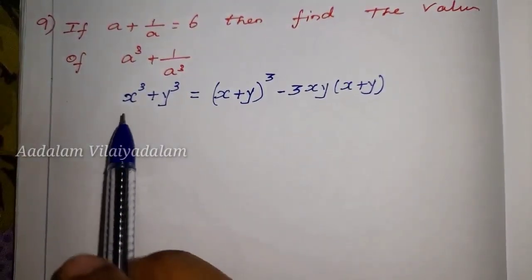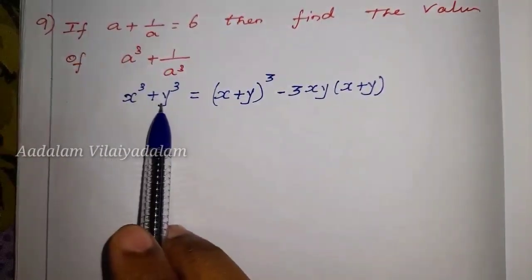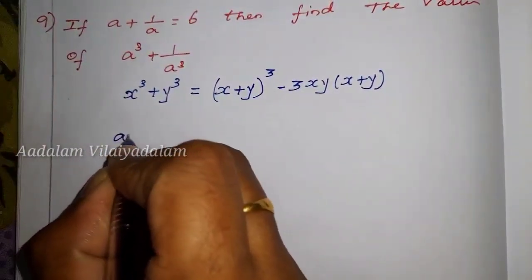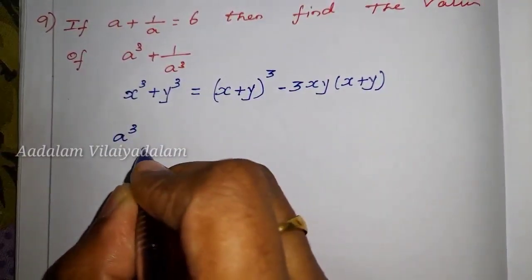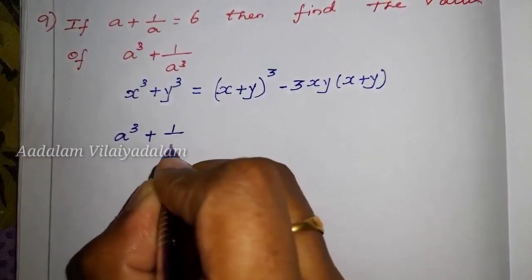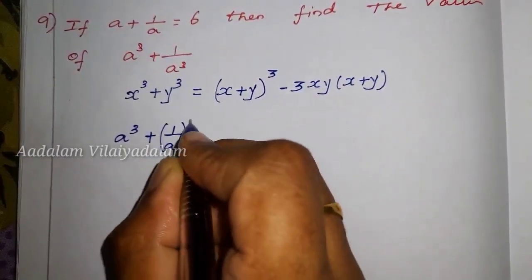Here the x value is a, the y value is 1 by a. So we have to find the value of a cube plus 1 by a cube. So 1 by a cube can be written as 1 by a the whole cube.